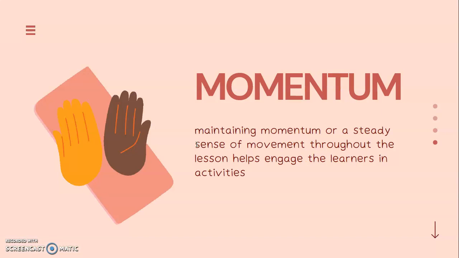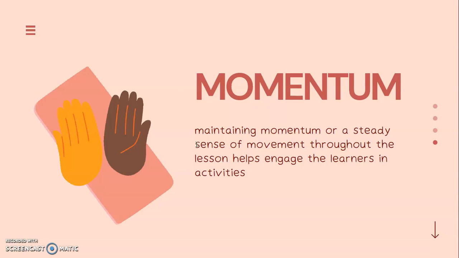Okay, let's have another strategy, the thing we call momentum. As effective science teachers, we should be able to maintain momentum. You know momentum, right? That peak, so to speak.